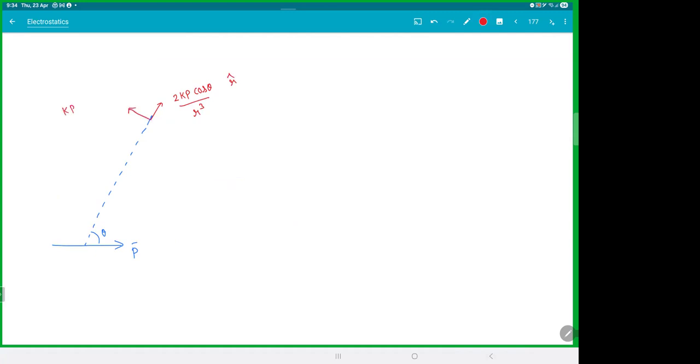This was kp sine theta by r cube, theta cap. So first let's define how these vectors are. This was your p bar. This was your r bar. And this was your angle theta.